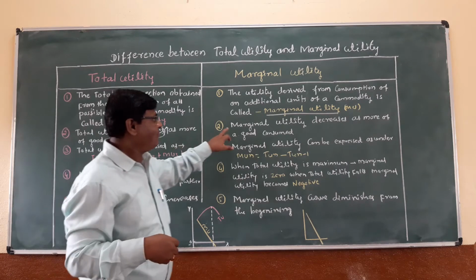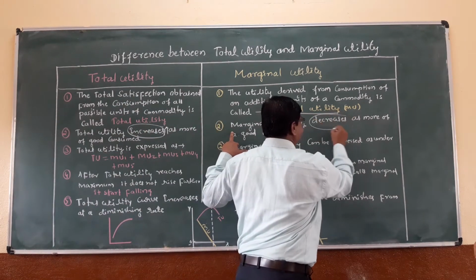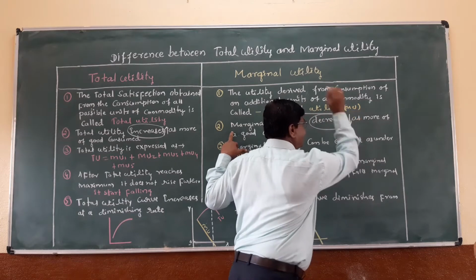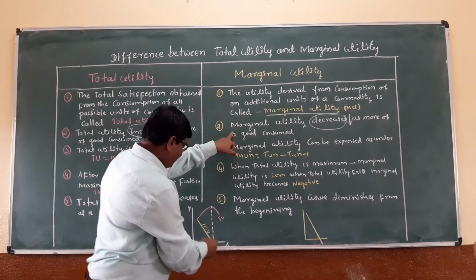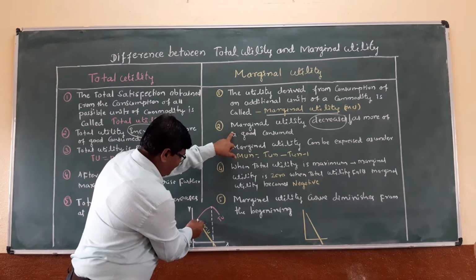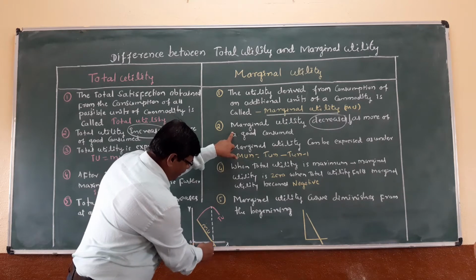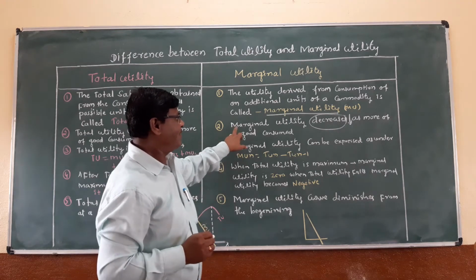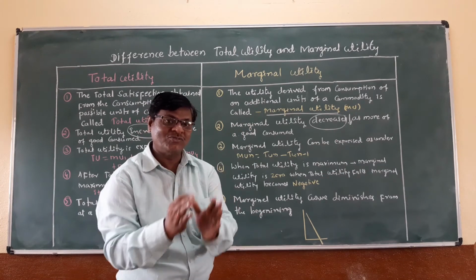But marginal utility decreases as more units of the commodity are consumed.